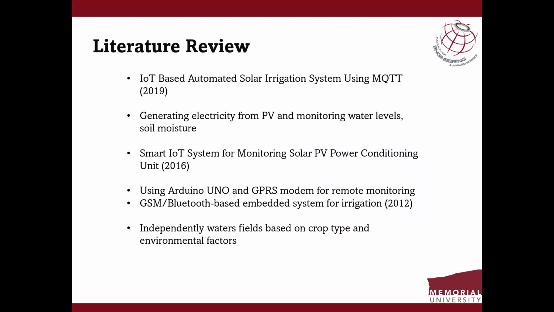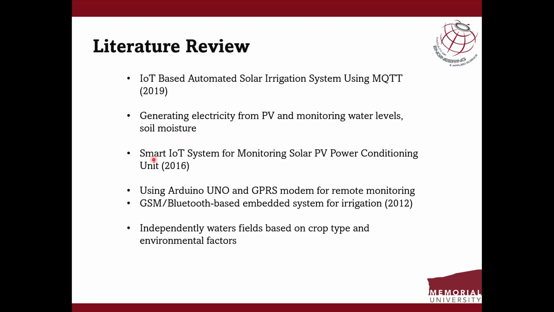And here is our small literature review. We found a few different papers related to our presentation topic. They are quite similar, but not the exact one. Some of them worked in 2019 on an IoT-based and automated solar irrigation system. Some generate electricity from PV and monitor water levels and soil moisture.